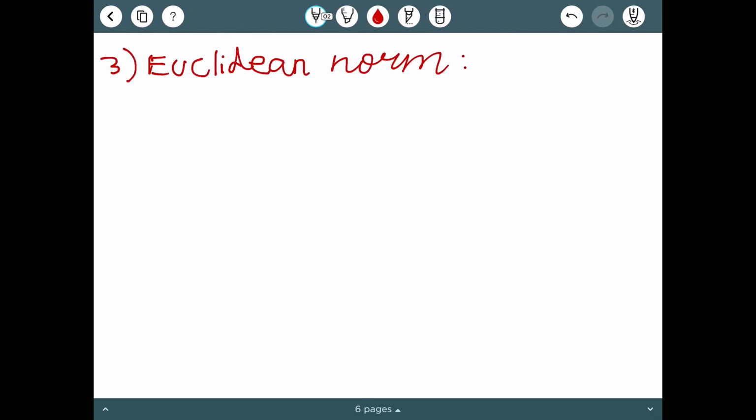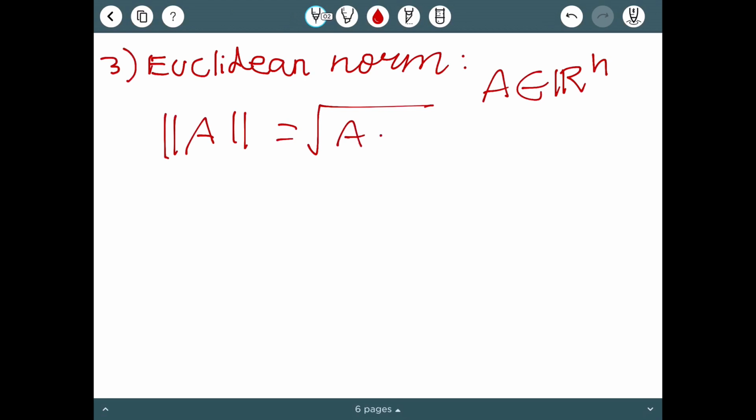Next, let's talk about the Euclidean norm. So the Euclidean norm, by definition, so say we have a vector A that's again a part of Rn. The Euclidean norm of A is equal to the square root of A dot A, the scalar product of A with itself, and the square root of that.